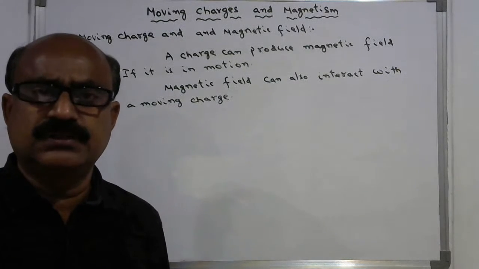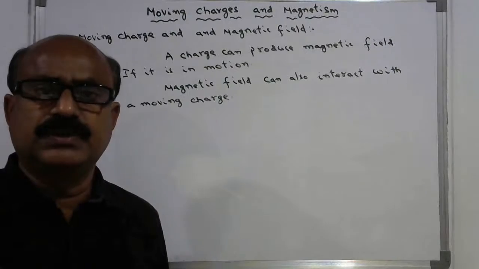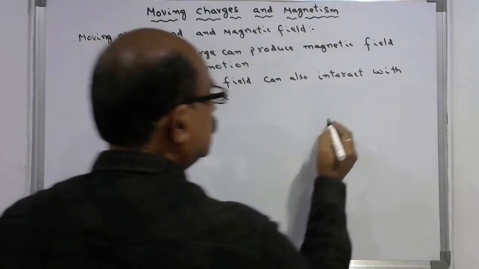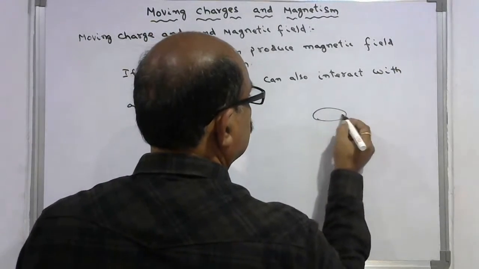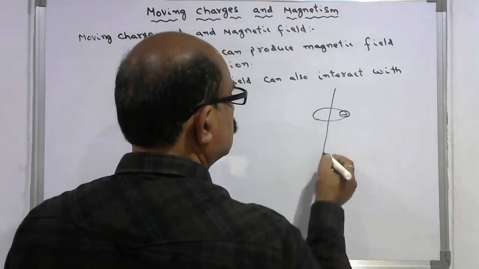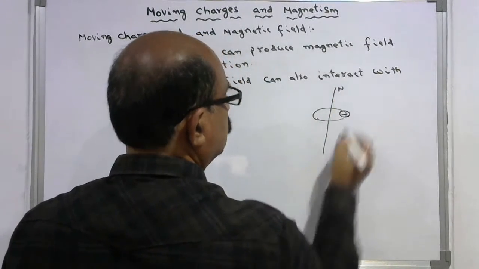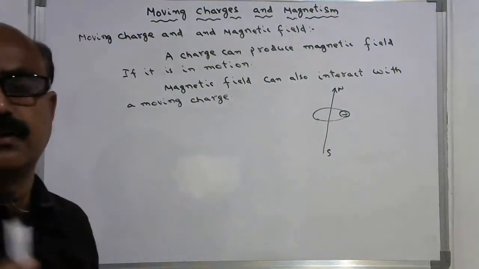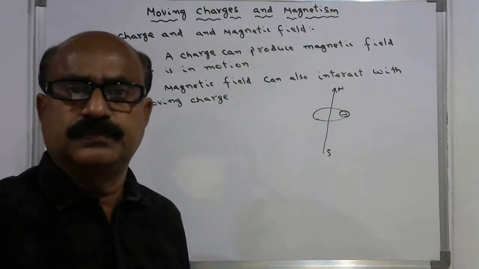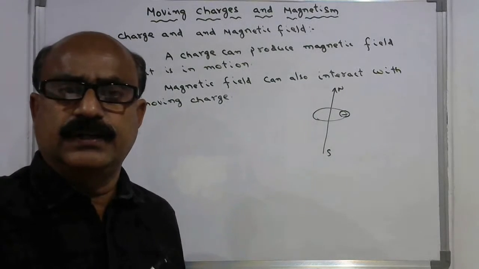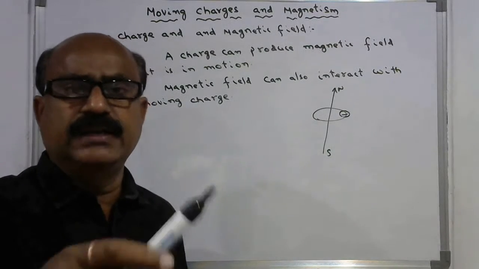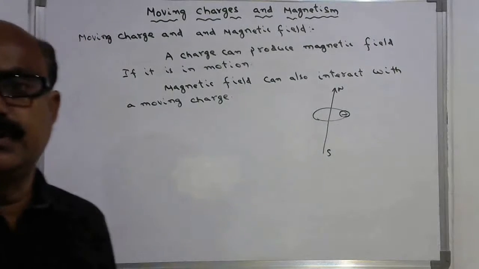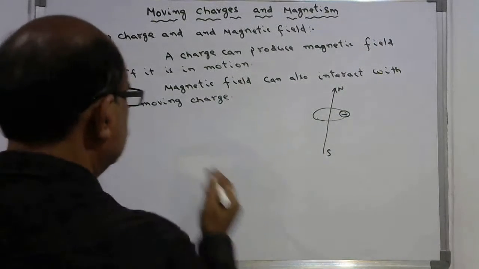For example, a spinning electron produces a dipole, say north pole and south pole. And if the charge is moving in a magnetic field, it interacts with the moving charge.